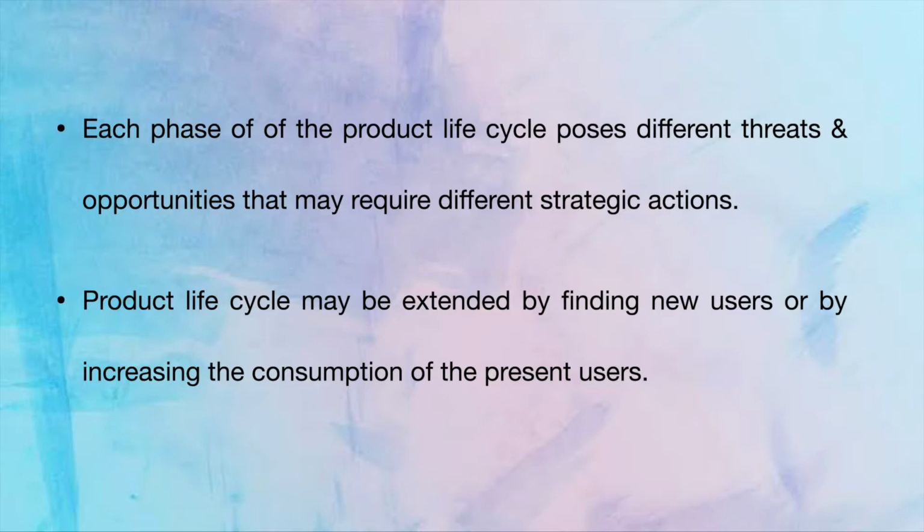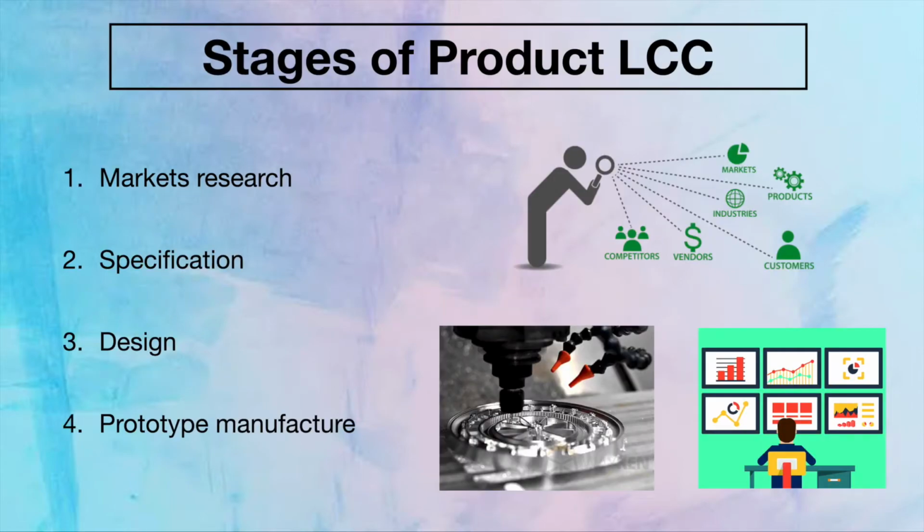If each person was purchasing one product of my company, and now, because of the situation in the economy, one person is demanding 3 products, that way the consumption of the present users is increasing. So the life cycle of the product will be extended either by finding new users or by increasing the consumption of present users. Got it? These are the 4 different characteristics of life cycle costing.